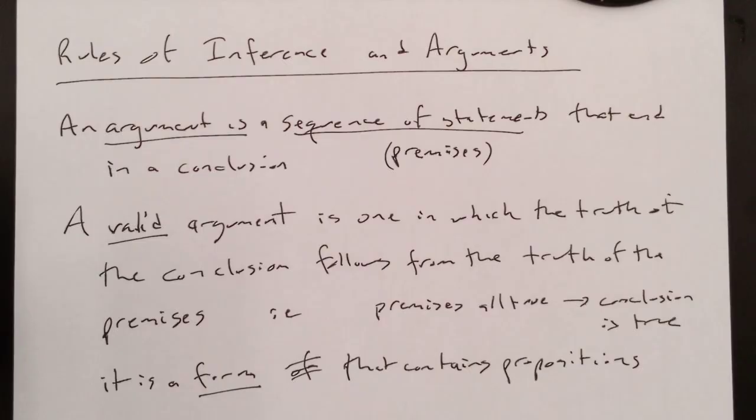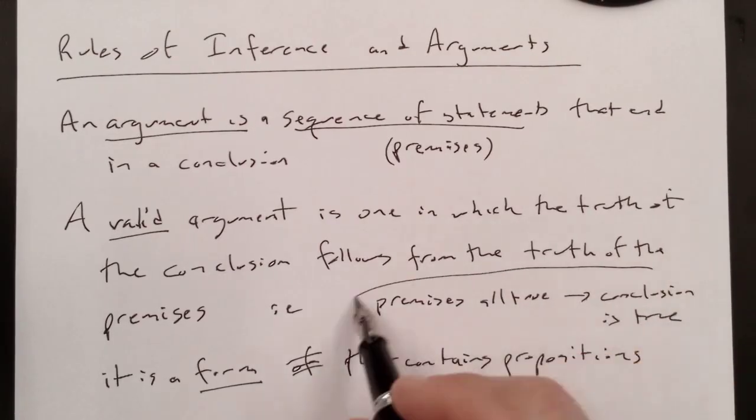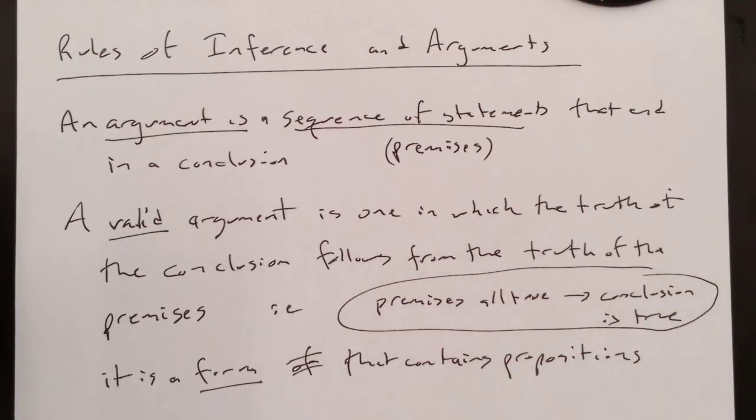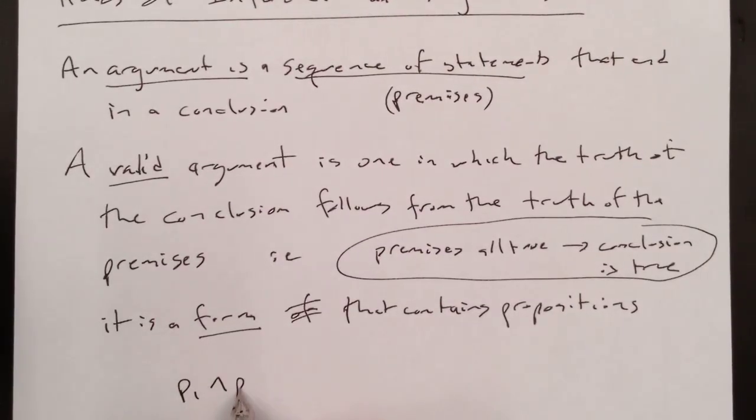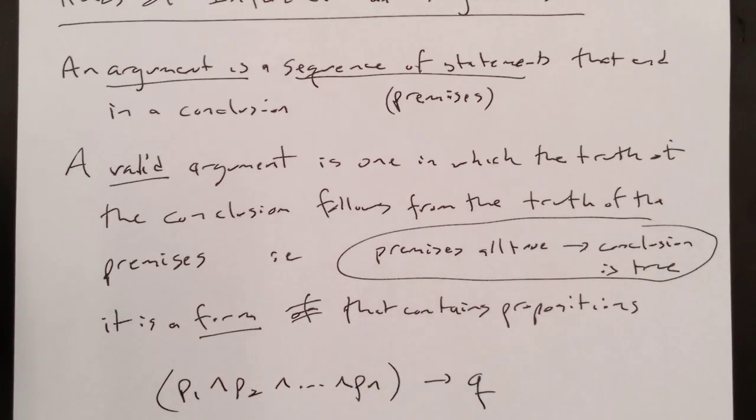I am hoping that I will be able to get a tautology from this sort of idea. Really, let me make it even more explicit. I'm going to look at something that looks like I've got premise 1 and premise 2 and however many premises I've got, then my conclusion. If I can set up something like this, that's a tautology.